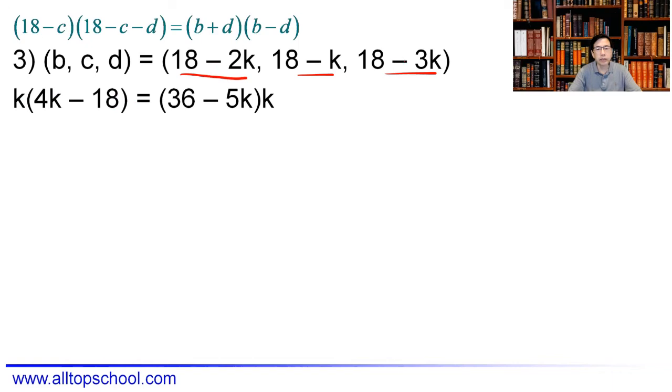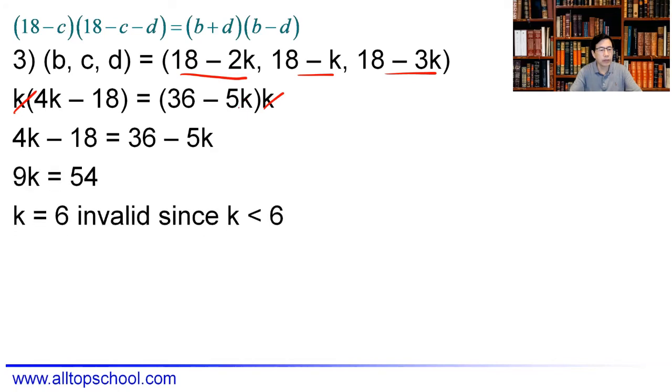B plus D will be 36 minus 5K. B minus D will be K then. So you can simply cross out this K. We solve this linear equation. The K will be equal to 6, but this one still does not satisfy the condition. K has to be less than 6. All right, so the third case is also invalid.